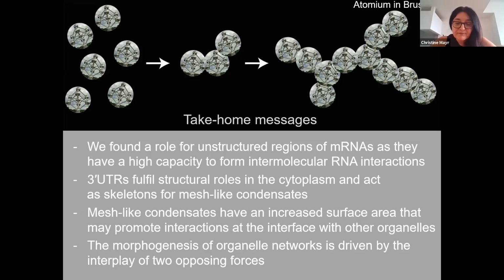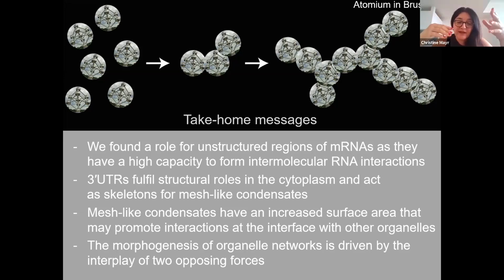So what is the advantage of making mesh-like condensates? A sphere has a geometry that minimizes the surface area. And we think that in mesh-like condensates, that's not the case. The mesh-like condensates actually have a large surface area.